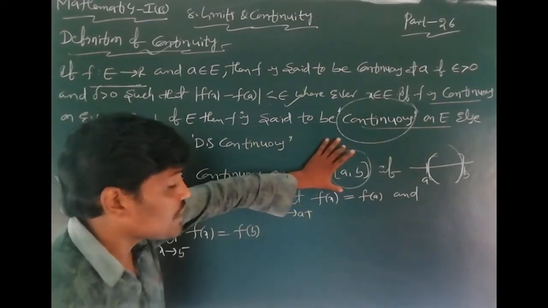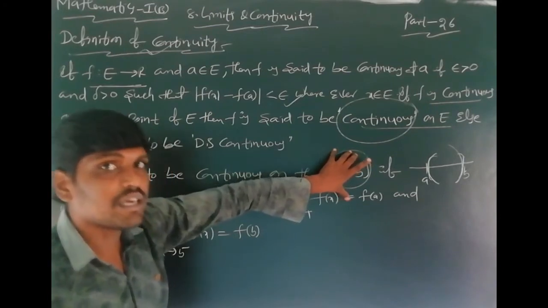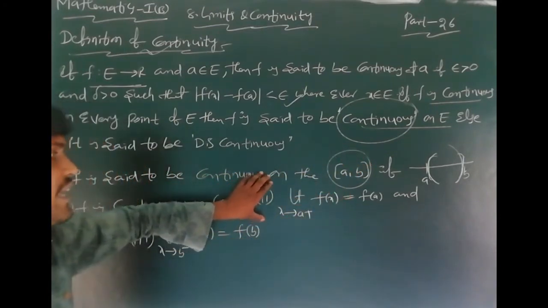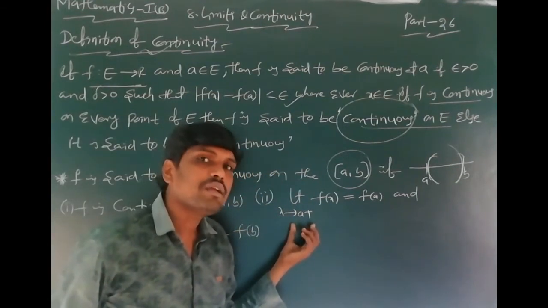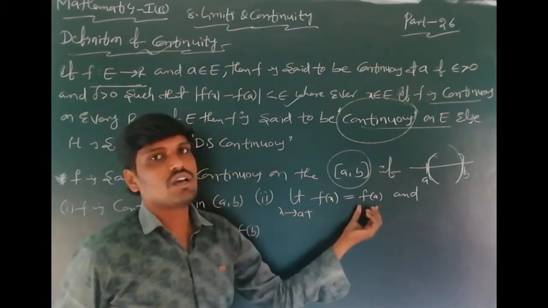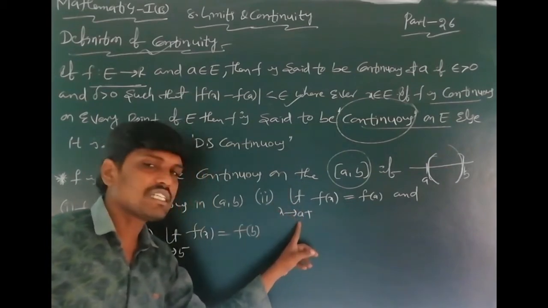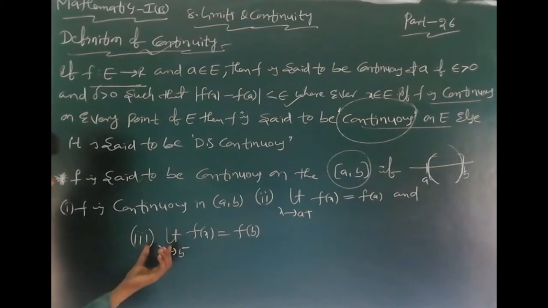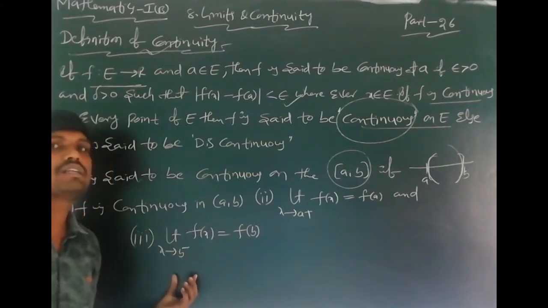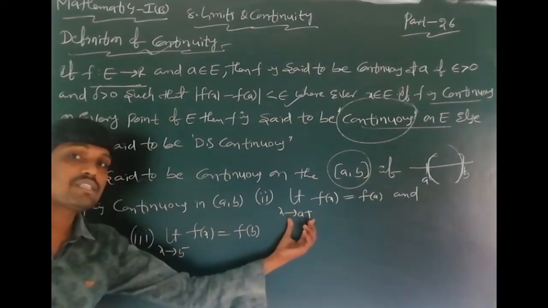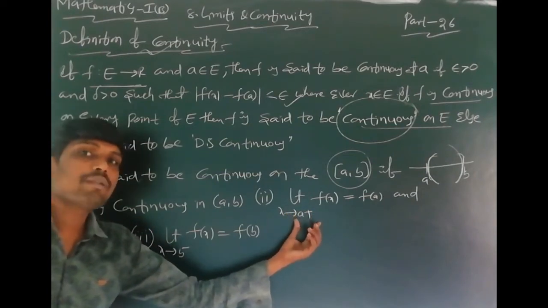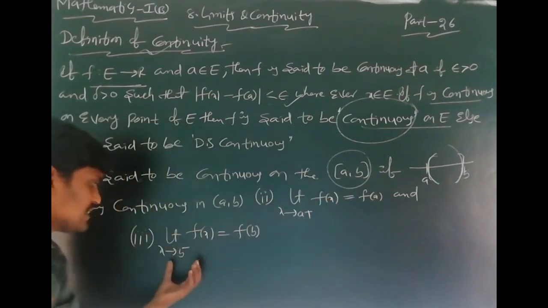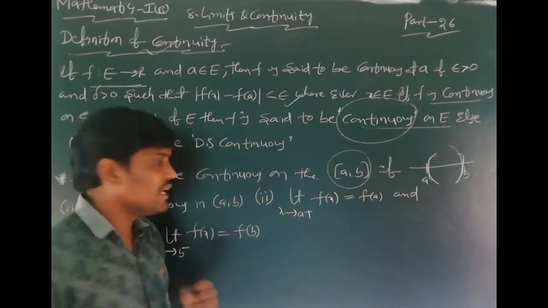Here, for continuity on the closed interval a comma b, first of all f is continuous on the open interval a comma b, and limit x tends to a plus, nothing but the right hand limit, of f of x is equal to f of a, and limit x tends to b minus, nothing but the left hand limit, of f of x is equal to f of b.